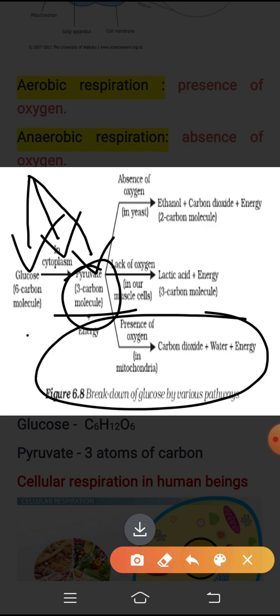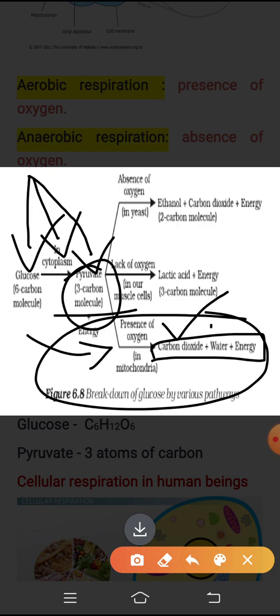The first pathway is what happens to the pyruvate which entered the mitochondria. This takes place in the presence of oxygen. So as it enters the mitochondria in the presence of oxygen, there are some byproducts which are released. Means here the pyruvate is broken down to form carbon dioxide along with water and energy. Energy is the major product which is released in mitochondria.